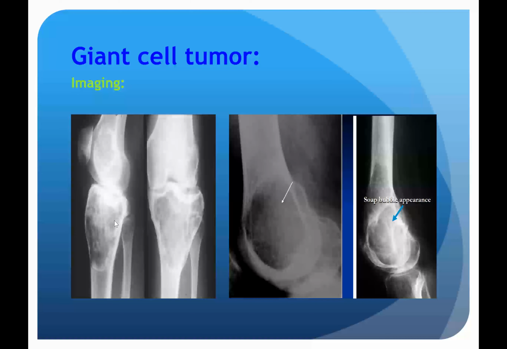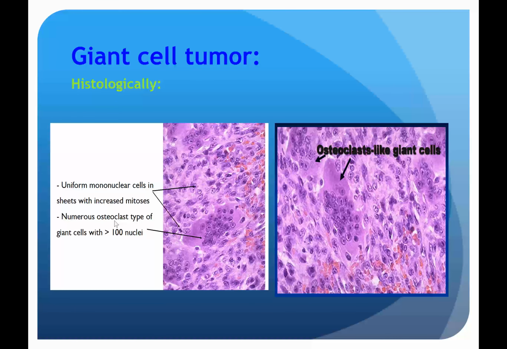Macroscopically, in gross section, they appear like brain tissue, and the material inside is reddish or brown and comes in pieces, friable tissue.